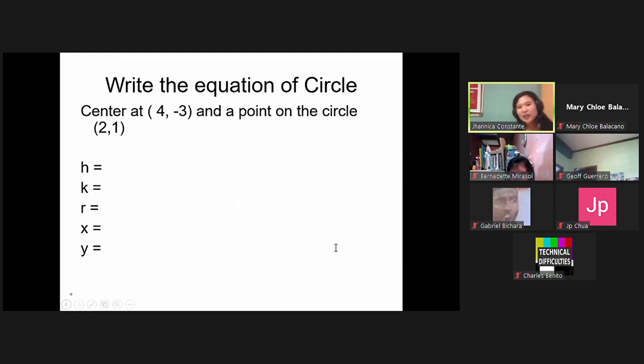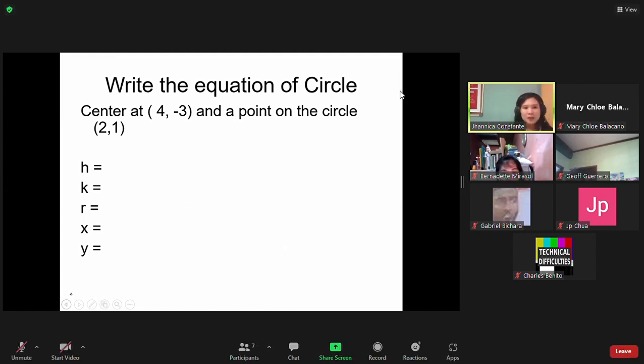For example, we have the center of our circle at a point of 4 and -3, and a point on the circle which is 2 and 1. So looking at the problem that we have here on the screen, the radius is not given, but we have one point of the circle and the center of our circle.